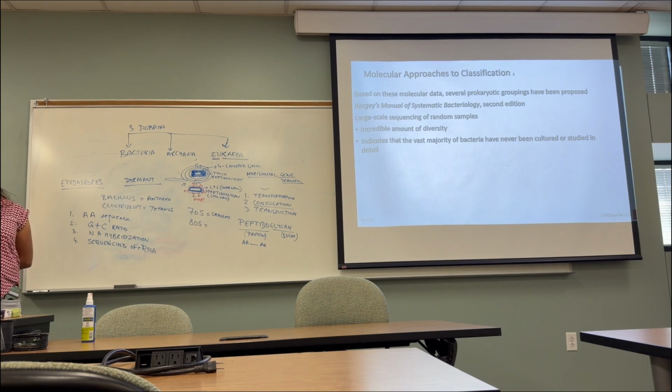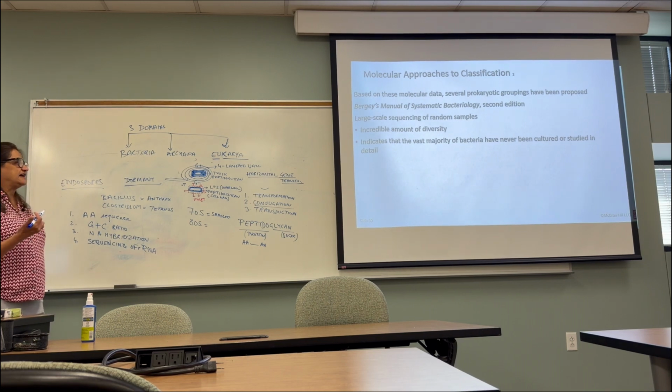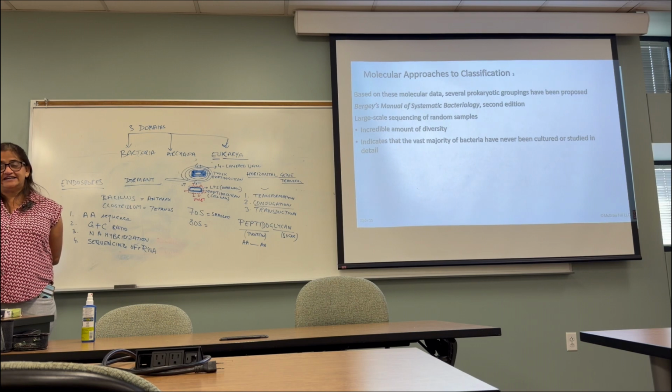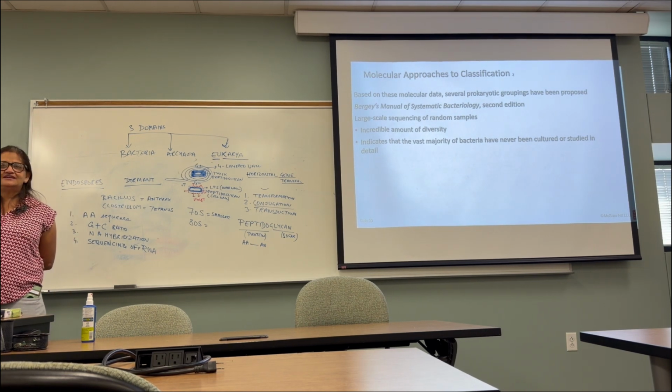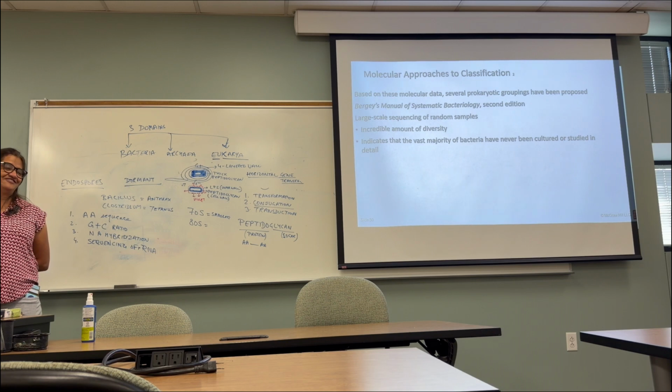It also gives us information that the majority of these bacteria have so far not even been studied because we couldn't really culture them. So in labs, you see the amount of bacteria that you grow, you think, oh, it's a lot of bacteria we are culturing, but that's not true in reality because you have billions and trillions of these little creatures, okay.